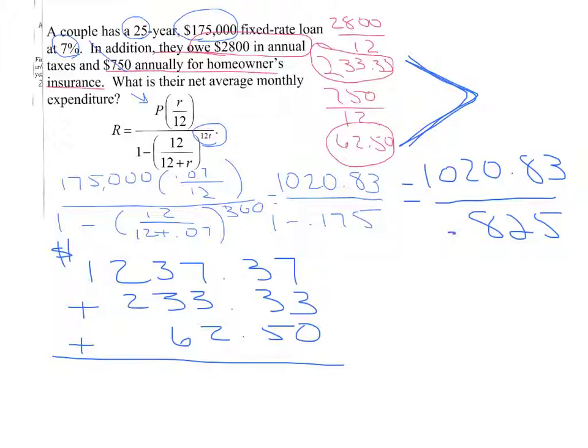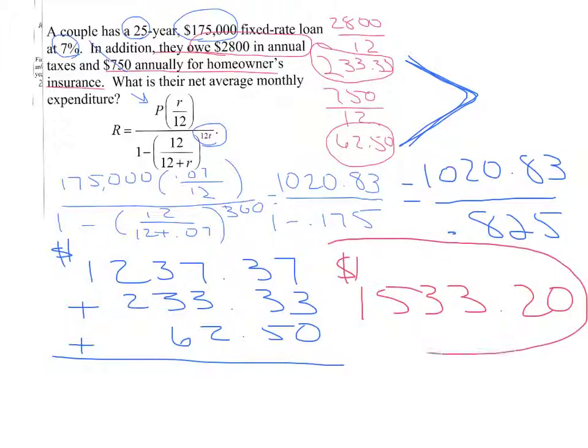So if I punch in 1237.37 plus 233.33 plus 62.50, I have a monthly mortgage payment of $1,533.20. So I'm paying $1,533.20 for my mortgage payment. That's my monthly mortgage payment with the taxes added in and the homeowner's insurance added in.